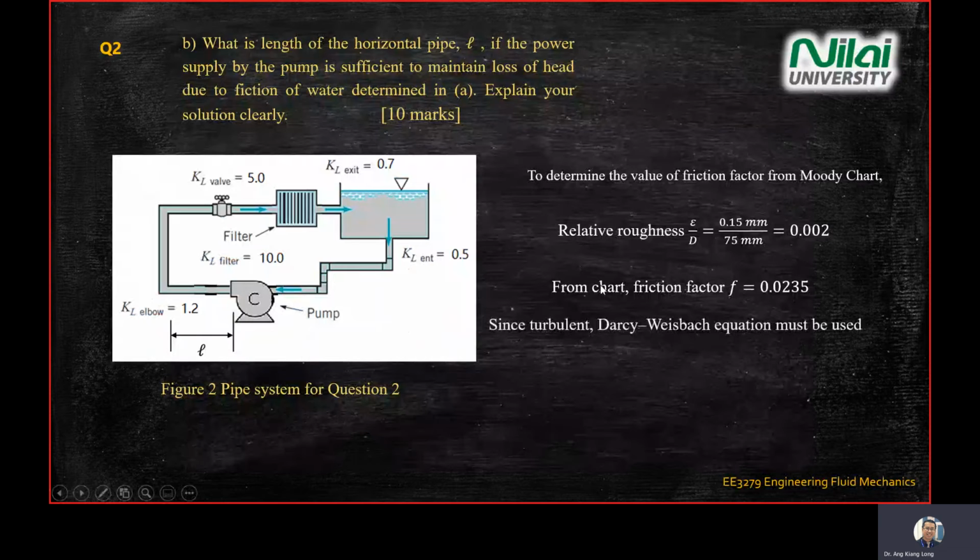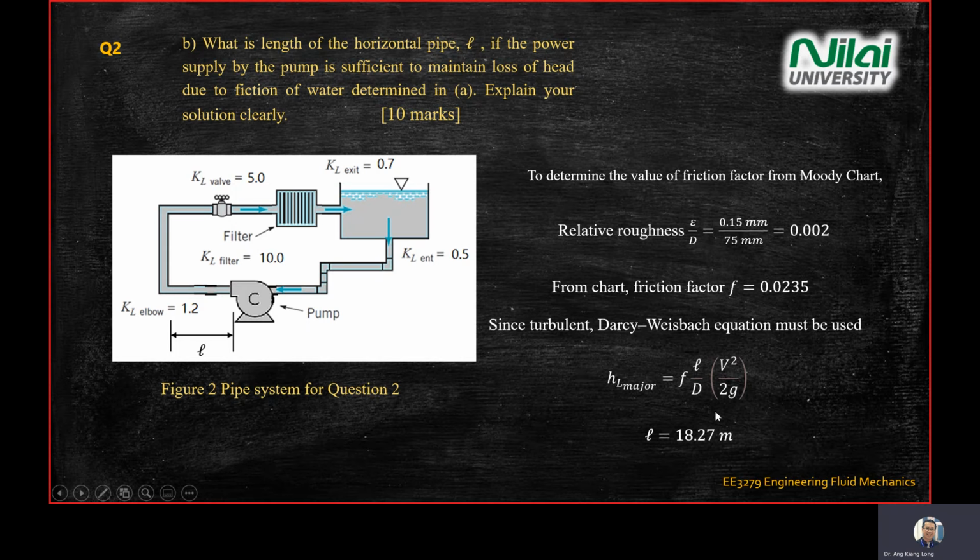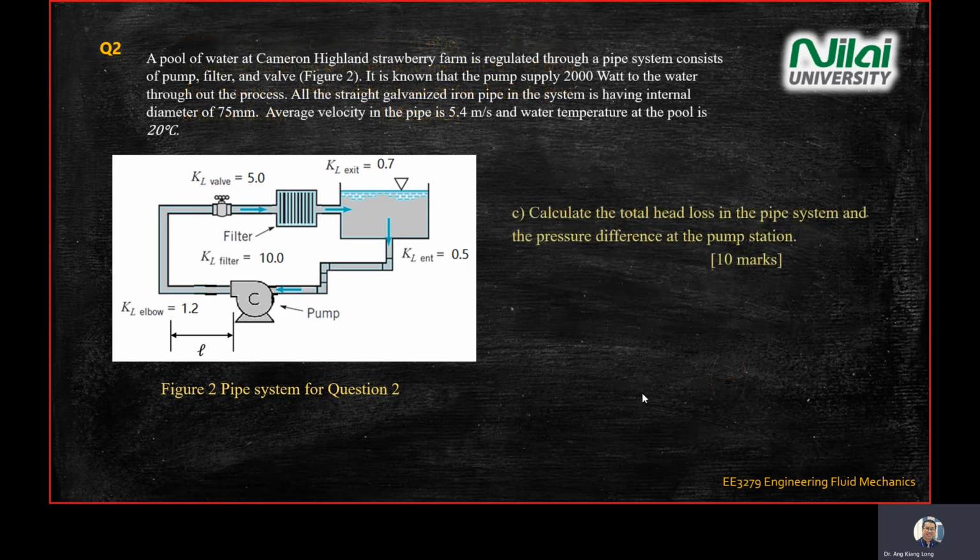Okay. So because our flow is turbulent, we need to use the Darcy equation. Right, you use this one. All right. So you substitute all the values there, you'll find L equal to 18.27 meters. So it is for the second part.